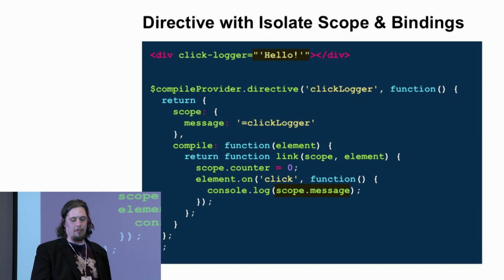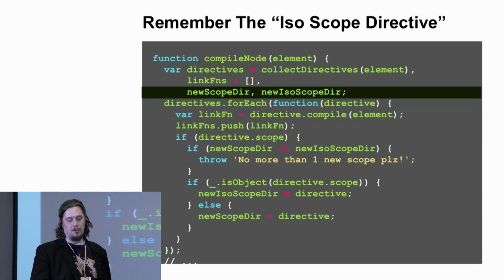So that's the final bit that we're going to implement today. There's a few different parts to it. The first is to actually create that isolate scope. So we need another tracking variable in our compile node function as we do the compilation, which we'll call new iso scope dir, which will track did we see any directives during the compilation that wanted to have an isolate scope.